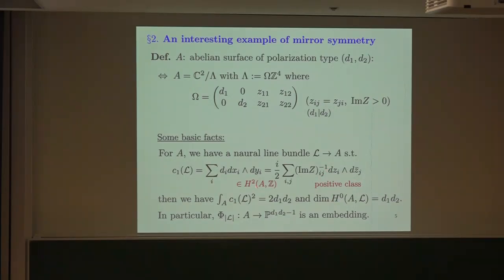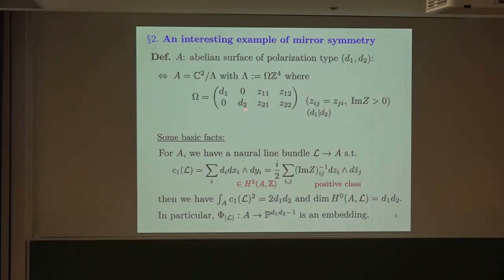So the first Chern class of this complex line bundle is integral and positive. That means it is an ample line bundle. Given an ample line bundle, we can consider the embedding problem to a suitable projective space. And that's the natural question.